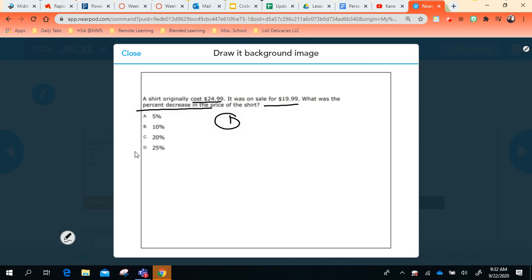What number from what number? Because this is important. Or do I just subtract bigger number minus smaller number? Right? So I'm doing $24.99 minus $19.99. Go ahead and take that first step.